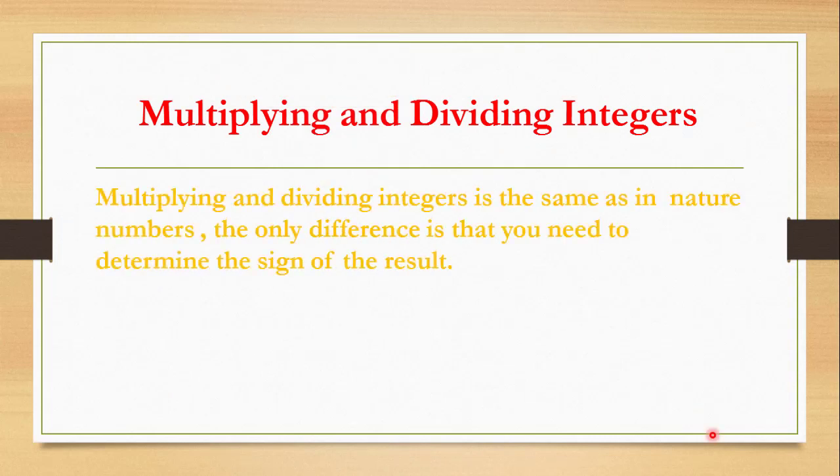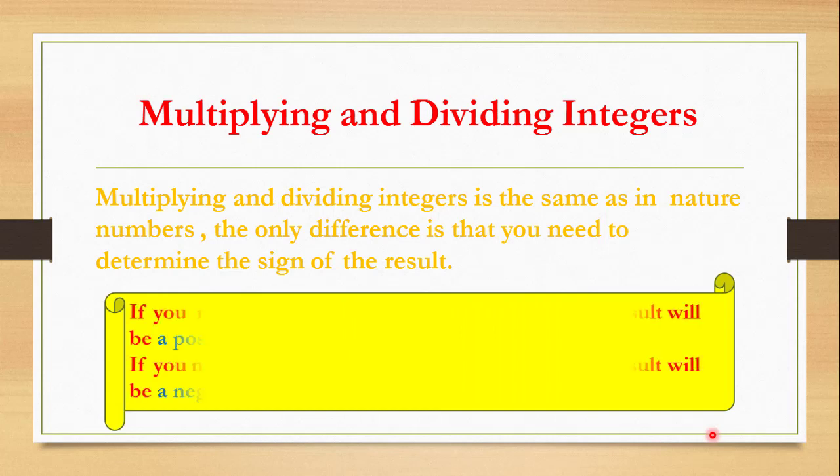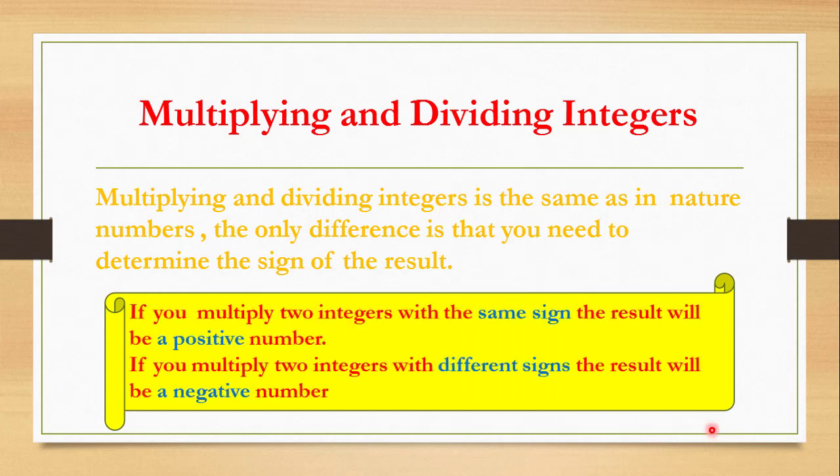If you want to multiply or divide integers, it's like multiplying or dividing natural numbers, but in this case we should determine the sign of the result. If the two integers have the same sign, two positive integers or two negative integers, the result will be positive.